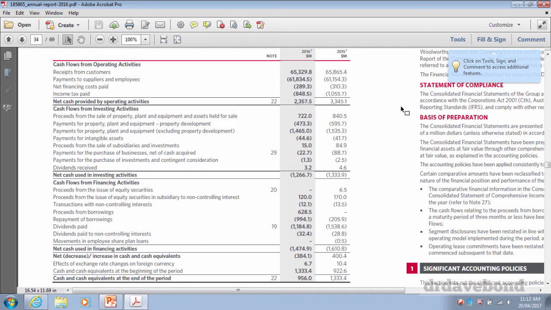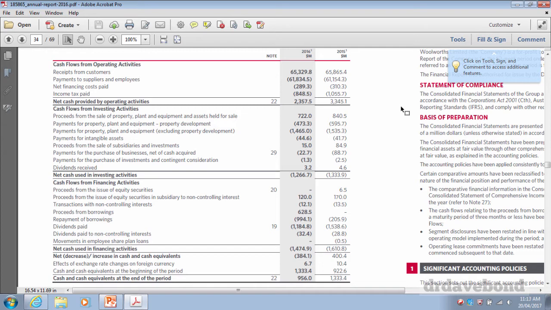And that's good because those sections generally do slightly different things and they tell us something slightly different. Selling property and getting money from that is different from borrowing money from the bank, is different from generating cash from customers. Those are very different things. And so we want to know where this cash is coming from. So operating, investing, financing.